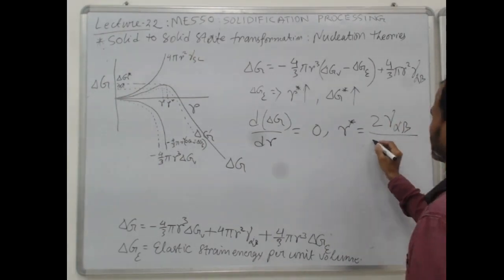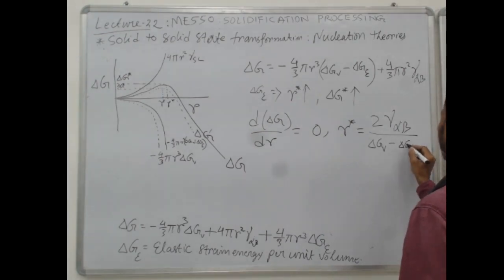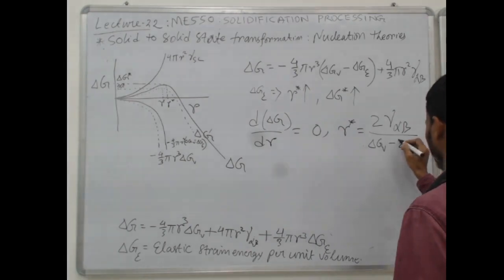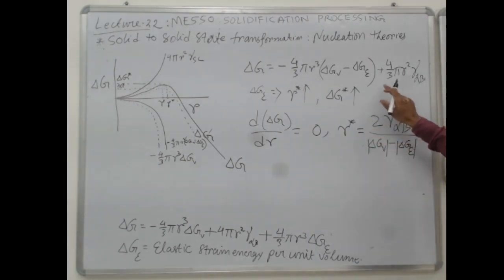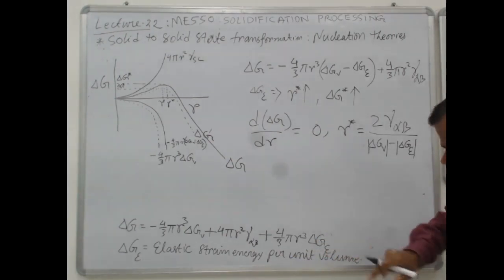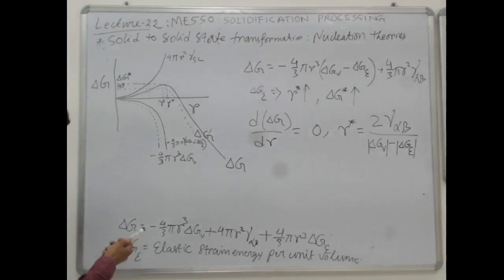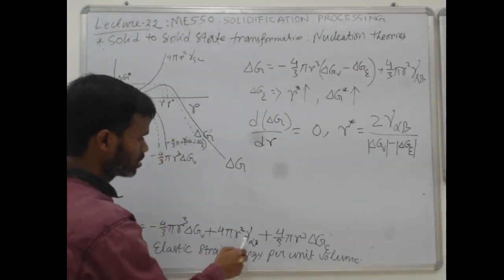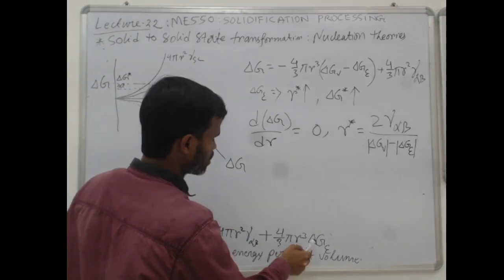And then you have delta G V minus delta G epsilon. You should understand that we have already considered that this energy is positive. We have already considered the sign. We have considered that there will be negative change in free energy, positive change in surface free energy, and positive change in strain energy.